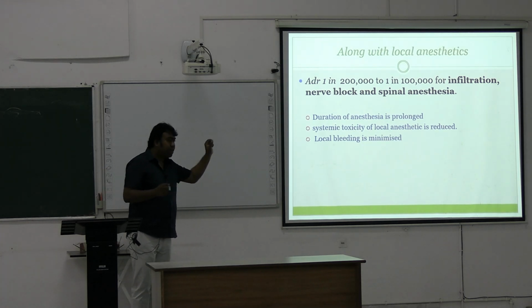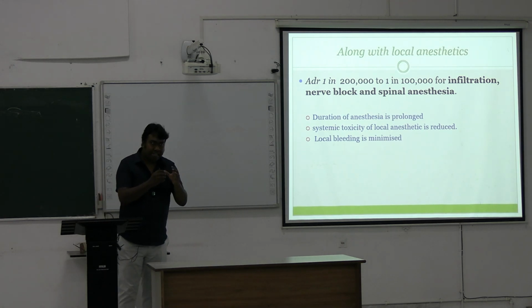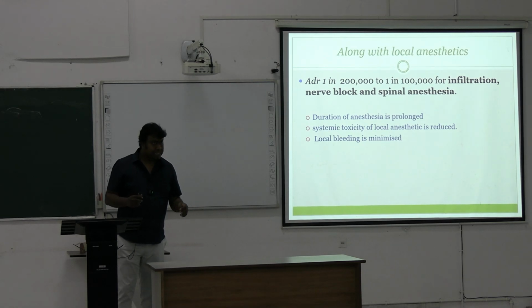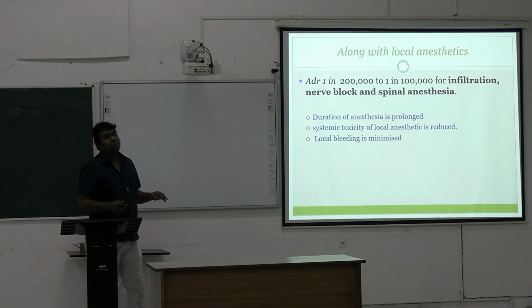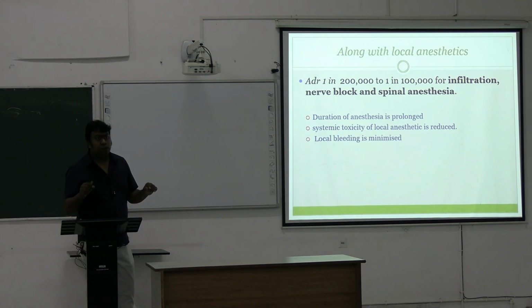Similarly, systemic toxicity of the local anesthetics will be less. Why? As there is a vasoconstriction, less amount of the drug goes into the systemic circulation. And third one is, local bleeding will be less. So the surgical site will be clear, less amount of bleeding.